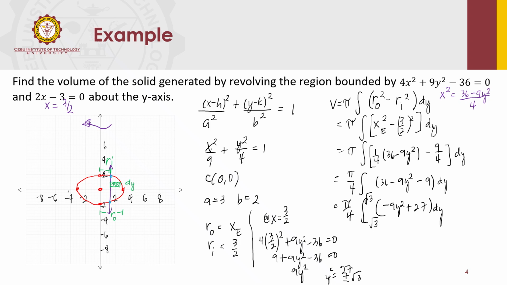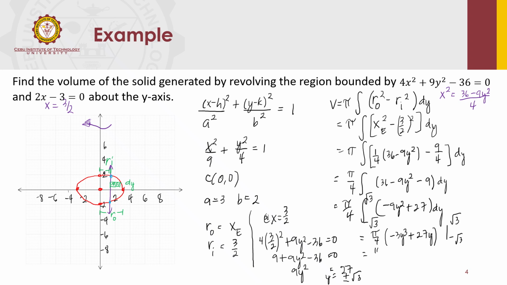And continue with the integration process. So the integral of negative 9y squared is negative 9y cubed over 3, or it's negative 3y cubed, and then plus 27y. Evaluate from negative square root of 3 to positive square root of 3.